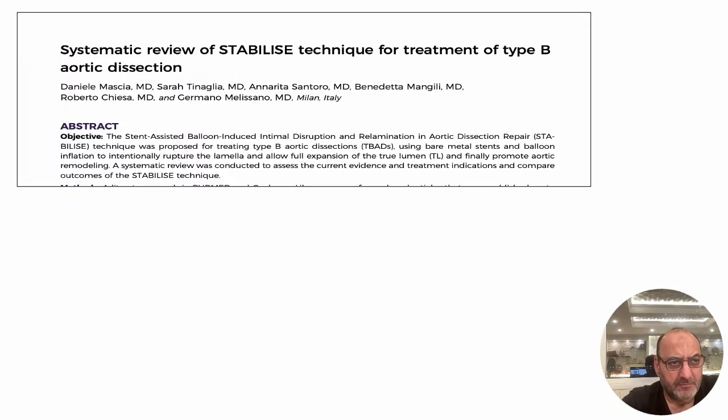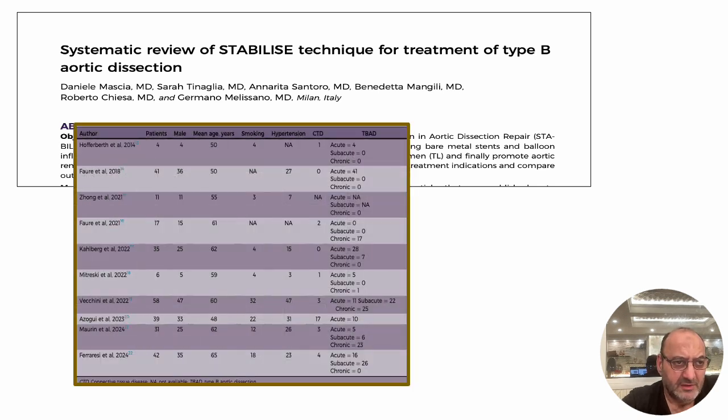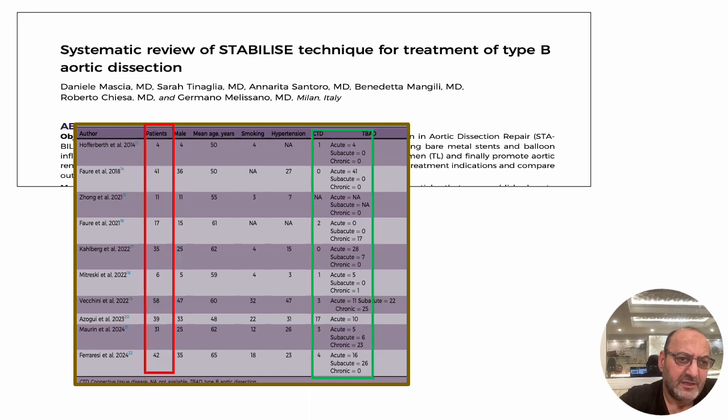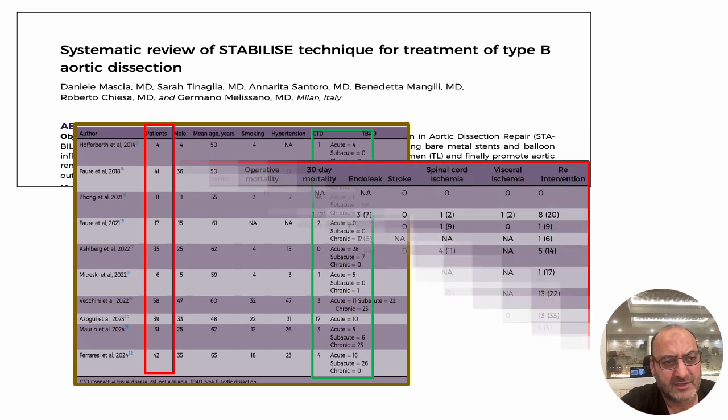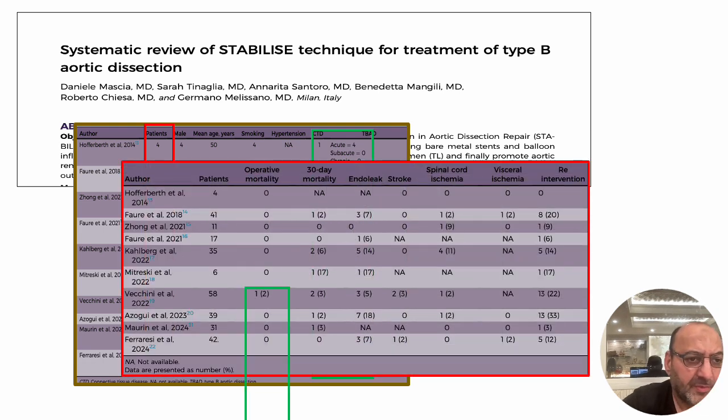A systematic review for the STABILISE technique was done. They looked into multiple papers and excluded multiple reports. They ended up with 10 studies, and as you see the numbers of patients here, and the cases that they did, acute versus chronic, mainly acute, but there are some chronic patients as well.